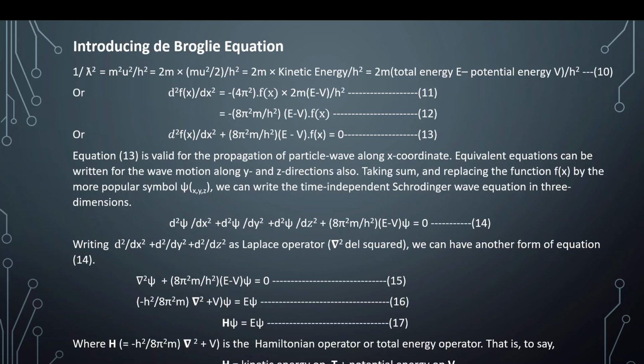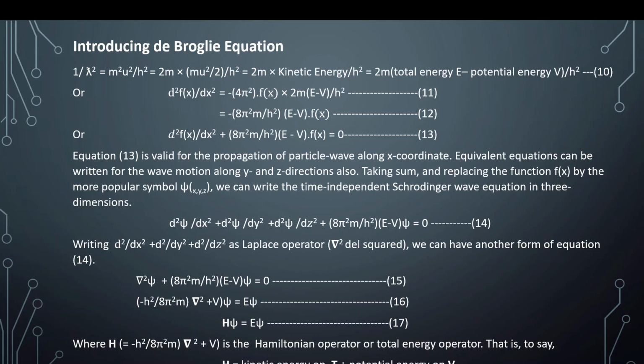to get d2f upon dx2 equal to minus 4 pi square f(x) into 2m (E minus V) upon h square. Collecting 2m and 4 pi square together, it becomes minus 8 pi square m upon h square (E minus V) f(x).